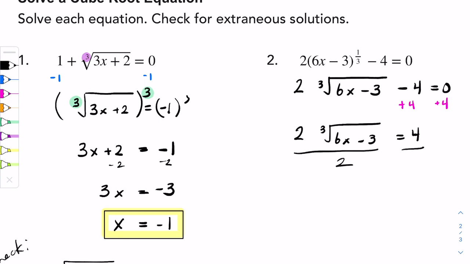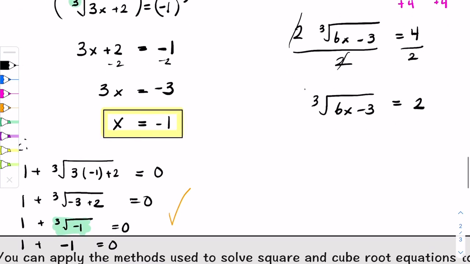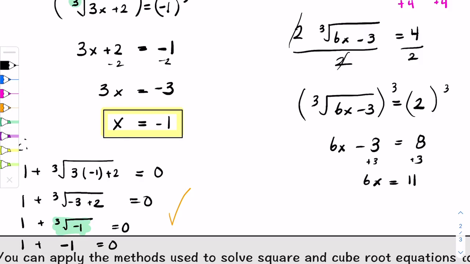Divide both sides by 2. The cube root of 6x minus 3 equals 2. At this point, I can cube both sides, and it would be 6x minus 3 is equal to 8, of which we add 3 to both sides. 6x equals 11. Divide both sides by 6. x equals 11 over 6.